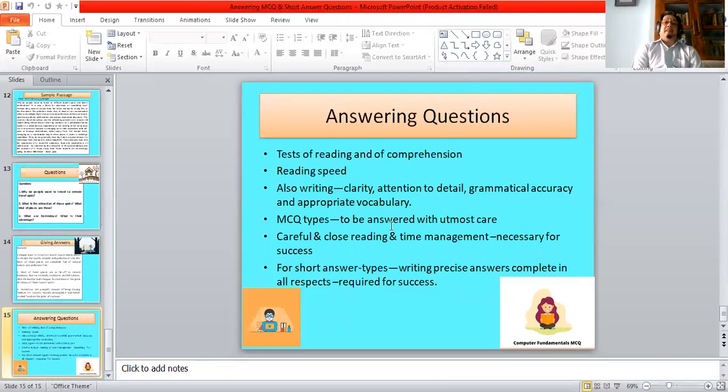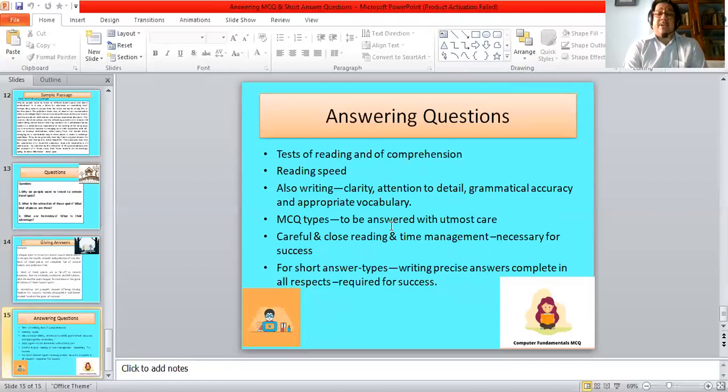Careful and close reading and time management are all necessary for gaining success in MCQ type tests, which are extremely common nowadays. And for short answer types, the writing practice completes the preparation in all respects, so that is required for success. So the more you write for the short answer type questions, the more you practice in writing how to condense the information within a short line or two.